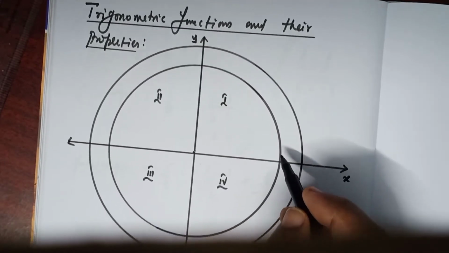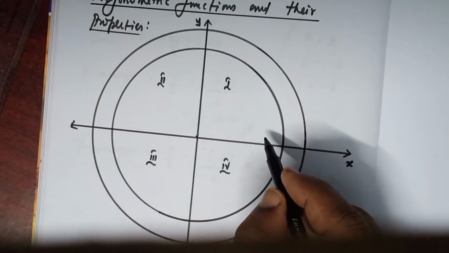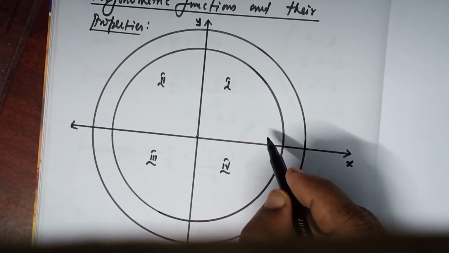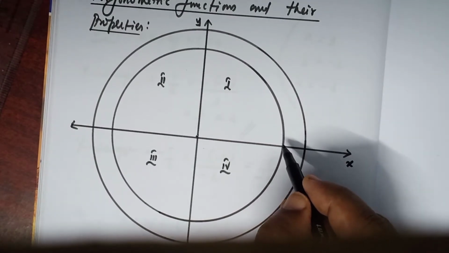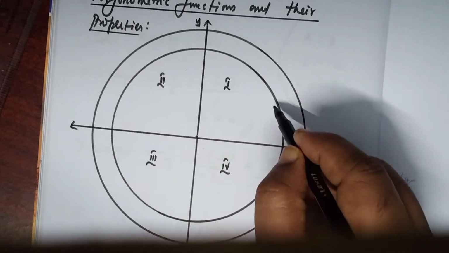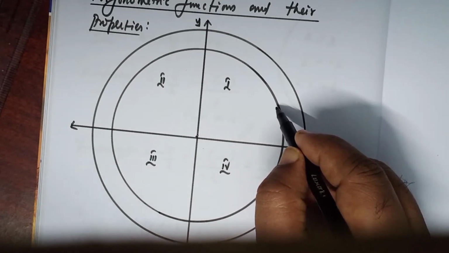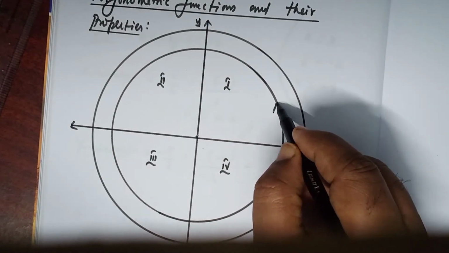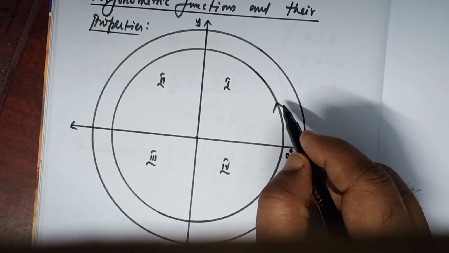You know that one rotation represents 360 degrees. Full rotation, that is 360 degrees. I start with the 0 degree. I am traveling in a circular path in anti-clockwise direction. That means positive direction.